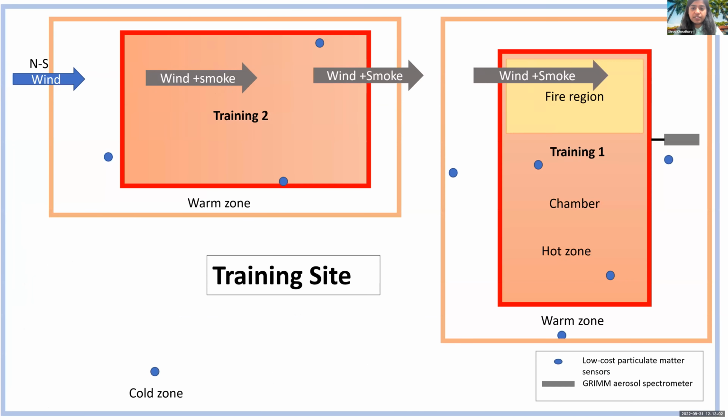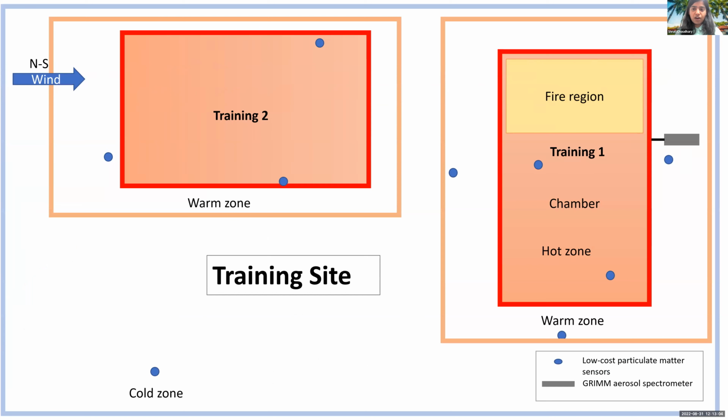This is a picture of how the firefighting environment looked. There were 2 trainings, but one training happened at a time. In the case of the first training, these blue dots resemble the positions of the low-cost sensors that we were using.